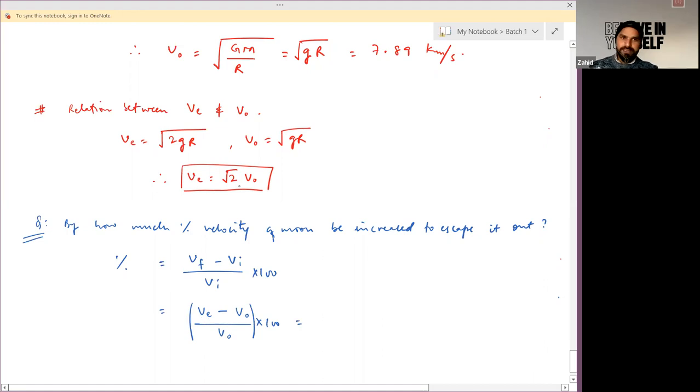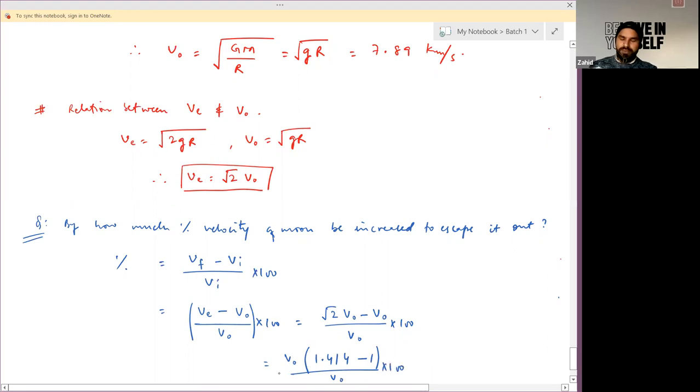So VE is root 2 times V naught. So we can write root 2 times V naught minus V naught divided by V naught into 100. Take out V naught as common. Root 2 is 1.414 minus 1 divided by V naught into 100.